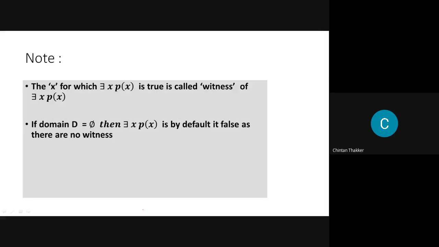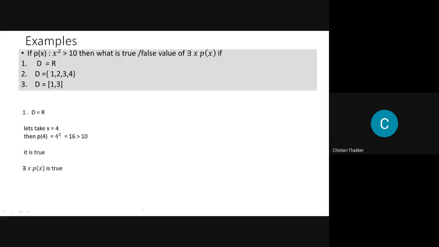Here, if the domain is phi, then there exists x P(x) is false by default. Okay. Now, in a similar way, we have this example.